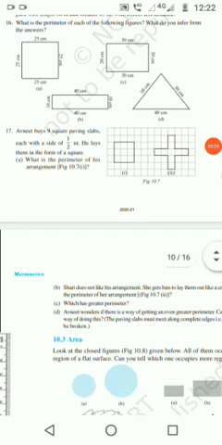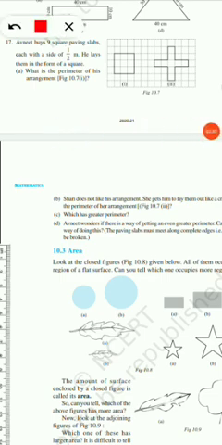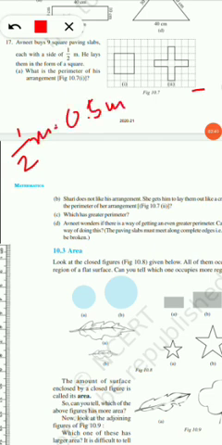Now coming to question number 17. Avneet buys 9 square paving slabs, each with side half meter. So what is the length of each side? Half meter. Half meter means 0.5 meters. Okay. He lays them in the form of a square. What is the perimeter of the arrangement?